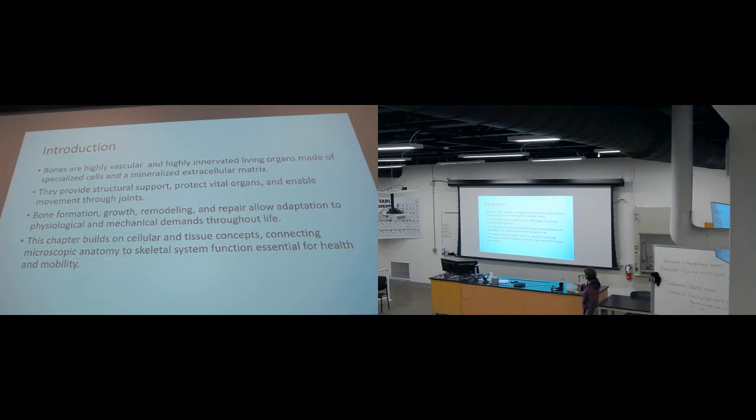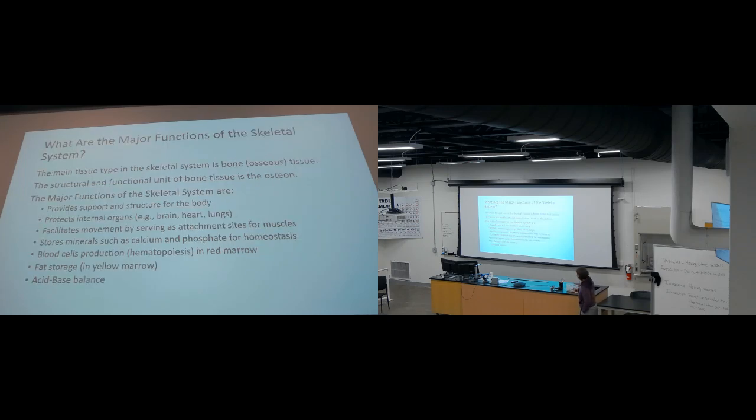So we are going to see in this chapter then how cells form tissue of the bone and how all of this contributes to health and mobility. So what are the four major functions of the bone? What are the major functions of the bone tissue?